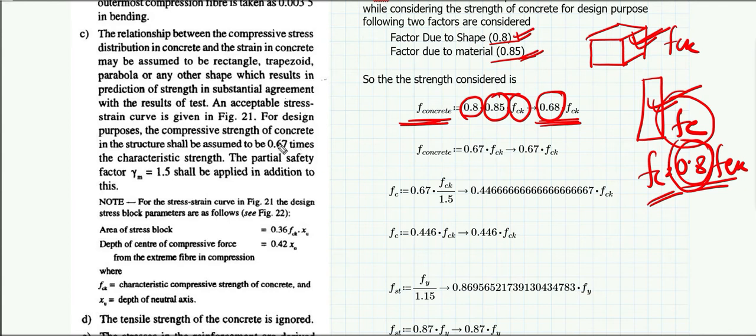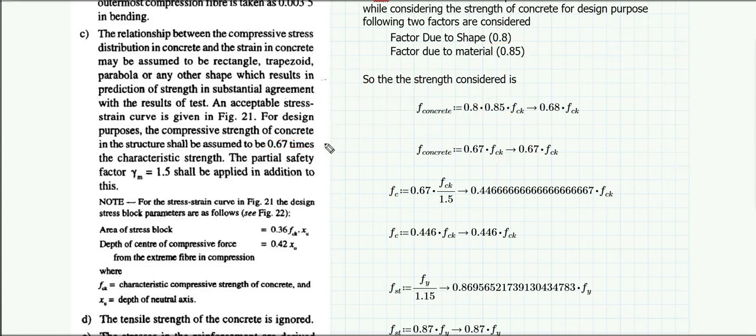And from that value, the code has assumed this value as 0.67 FCK. That is why it is mentioned that the stress or the strength in concrete is considered as 0.67 FCK. Okay, understood? That is why it is 0.67 FCK.